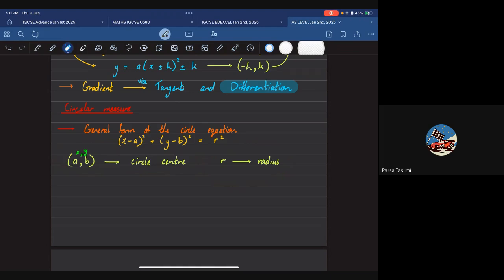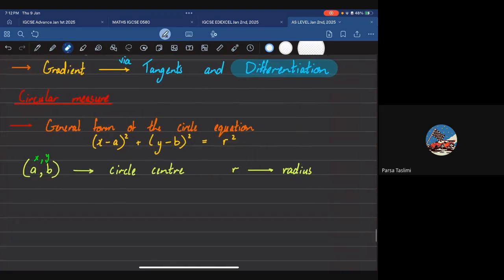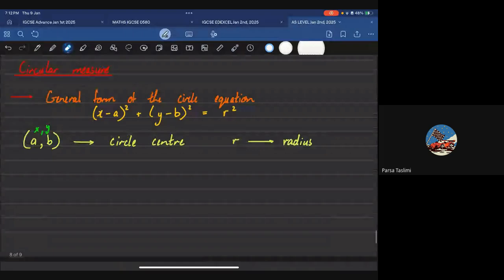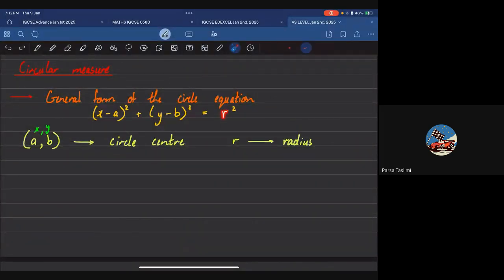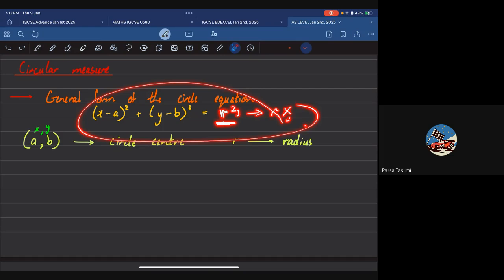Whenever you're given a circle equation, one thing I've noticed students making the most mistakes in is that we've got r squared over here. A lot of students seem to mistake this r squared as simply r, and that's wrong. Whenever you're required to find the area from a circle equation, obviously you're going to use the radius for pi r squared.